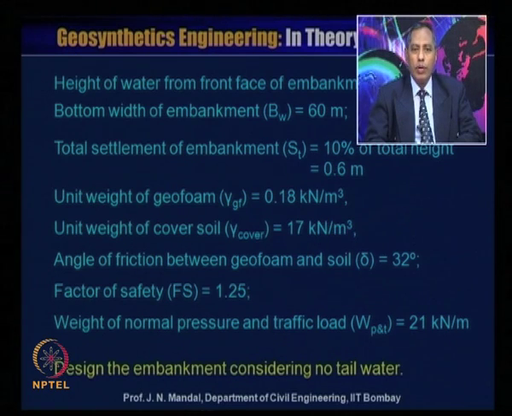Unit weight of cover soil gamma cover is 17 kilonewton per meter cube, because generally it is filled up with soil. Angle of friction between the geofoam and the soil delta is equal to 32 degree, and factor of safety is 1.25, and the weight of the pavement and the traffic load, that is WP and T, is 21 kilonewton per meter. So, you have to design the embankment considering no tail water.